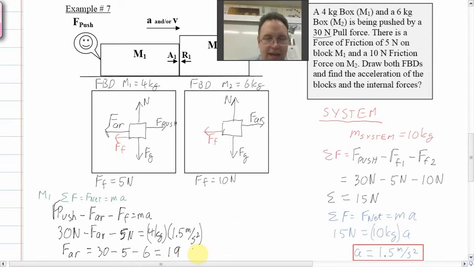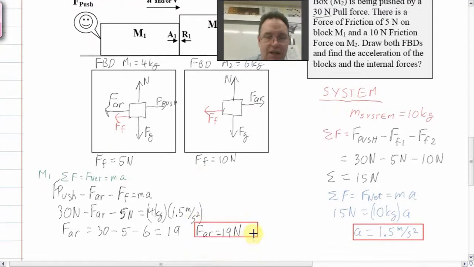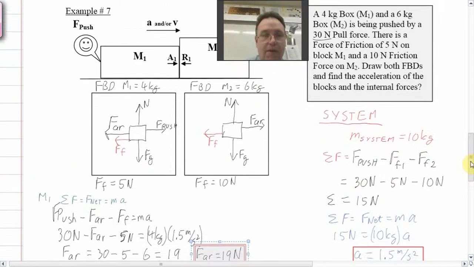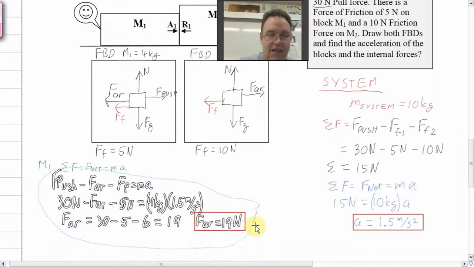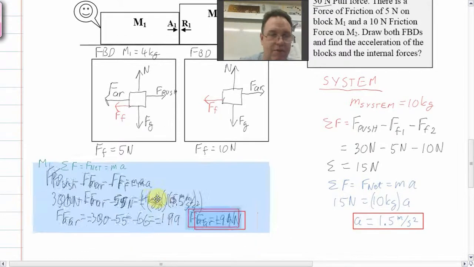So we get FAR is equal to 19 newtons. And I'll not scroll off so we can see all the work that's going on. In fact, I can just select all this, and you can do it too on your page if you want.